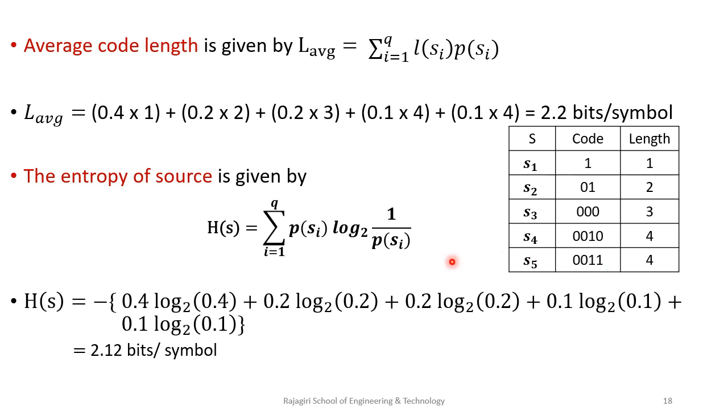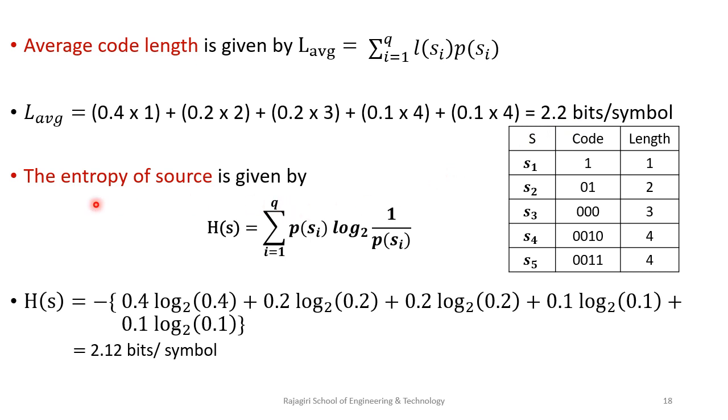The average code length is calculated using the formula L average equals summation over i of L(Si) times P(Si), where L(Si) represents the number of bits used to represent each symbol and P(Si) represents the probability of each symbol. We find that L average is equal to 2.2 bits per symbol.